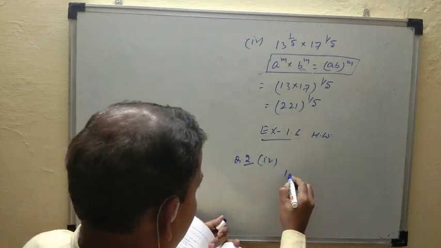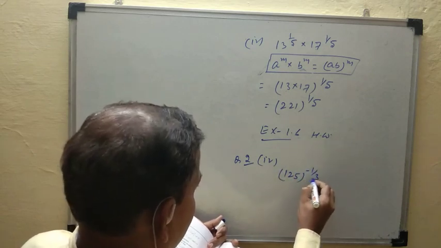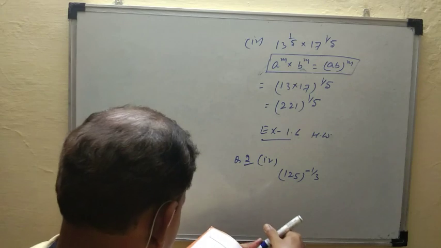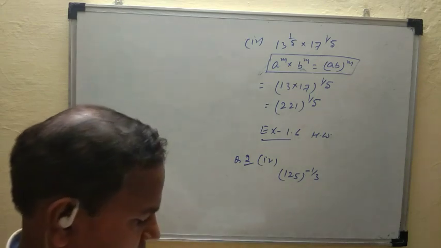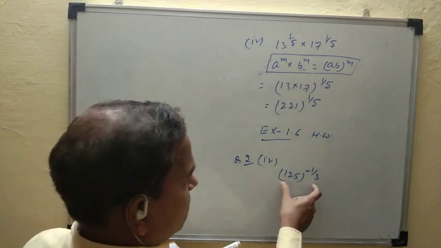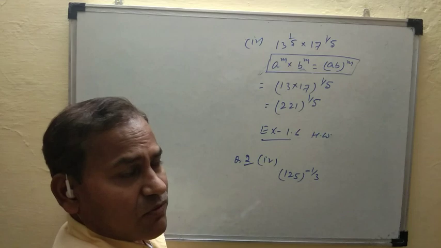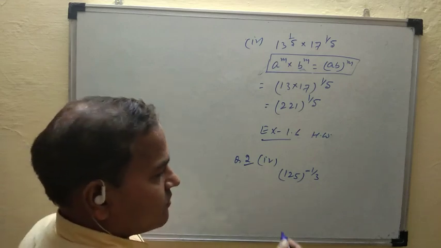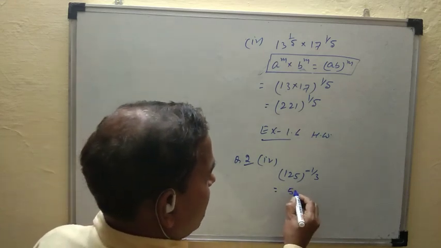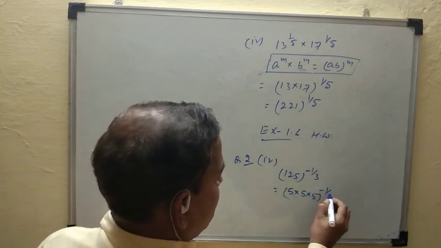Find 125 to the power minus 1 by 3. The question is find, that is simplify, that is find the value of this number. So this 125, factorize it. This 125 can be written as 5 into 5 into 5, whole to the power 1 by 3.